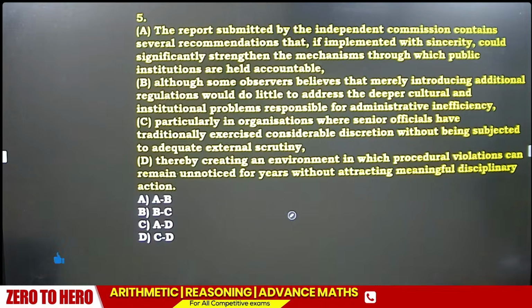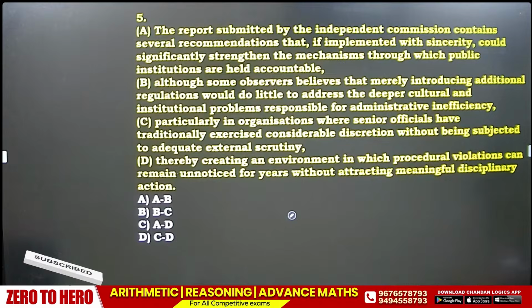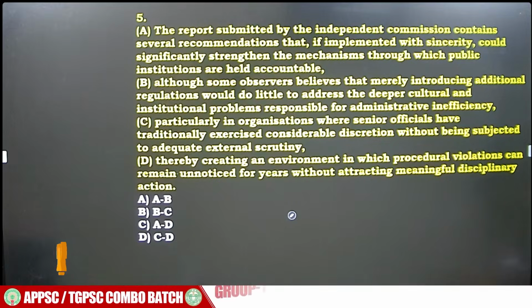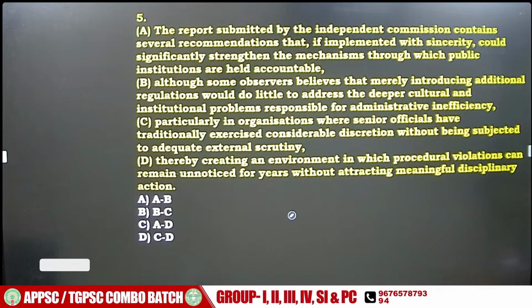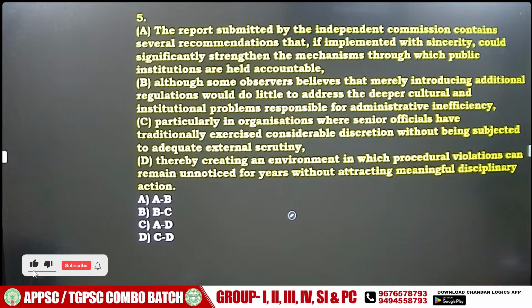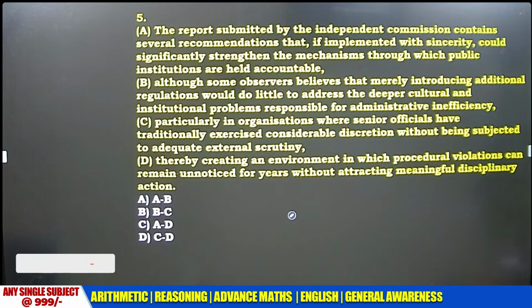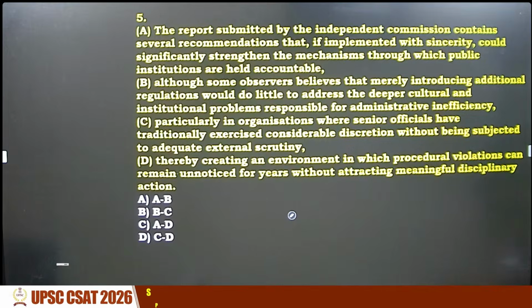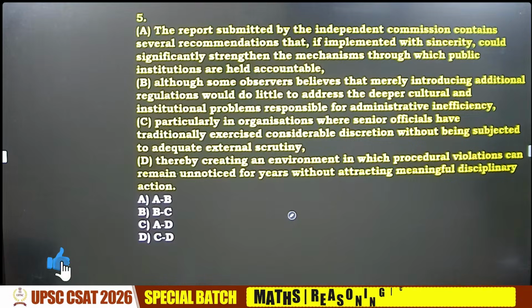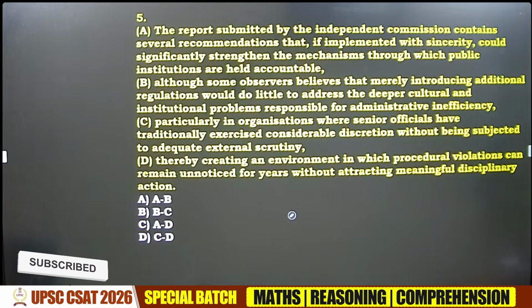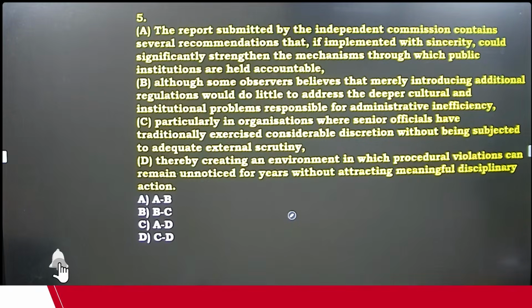Although some observers believes that merely introducing additional regulations would do little to address the deeper cultural and institutional problems responsible for administrative inefficiency, particularly in organizations where senior officials have traditionally exercised considerable discretion without being subjected to adequate external scrutiny, thereby creating an environment in which procedural violations can remain unnoticed for years without attracting meaningful disciplinary action.